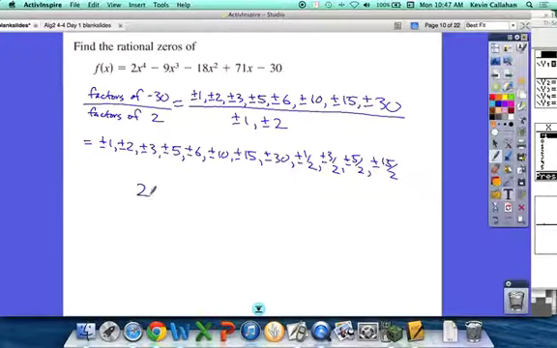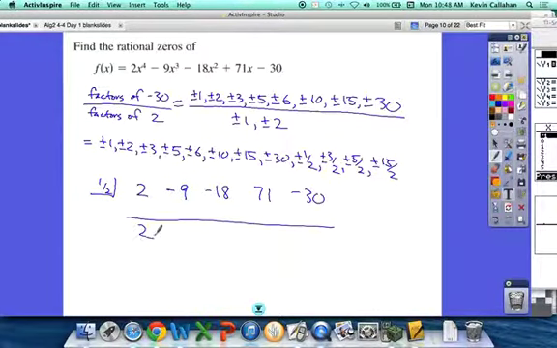2, negative 9, negative 18, 71, negative 30, with 1/2. Bring down the 2. 1/2 times 2 is 1. 1/2 times negative 8 is negative 4.